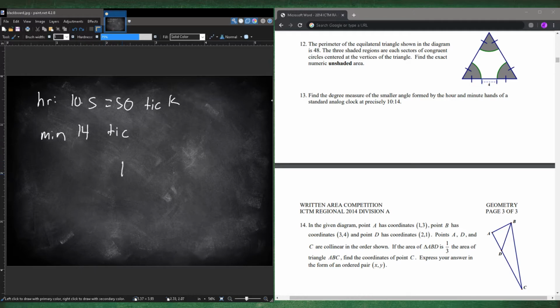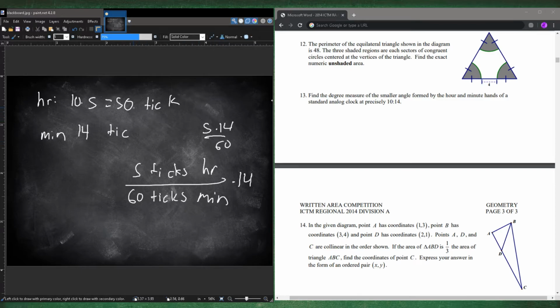So with 14 ticks on the minute hand, we add an additional 5 times 14 divided by 60.